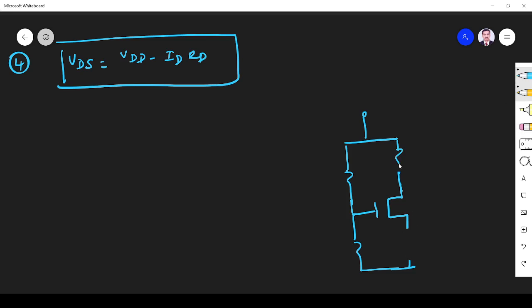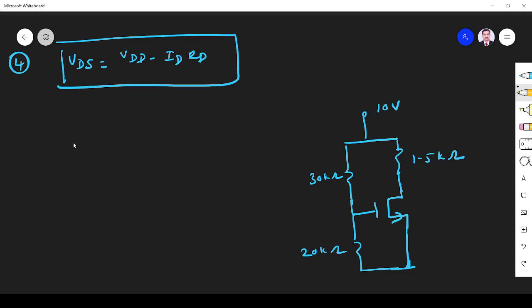As per the problem, this is 30 kilo ohm, this is 1.5 kilo ohm, this is 20 kilo ohm, and this is an NMOS.